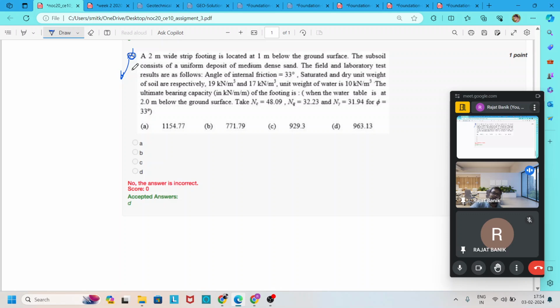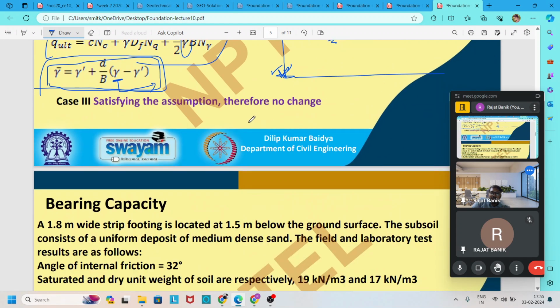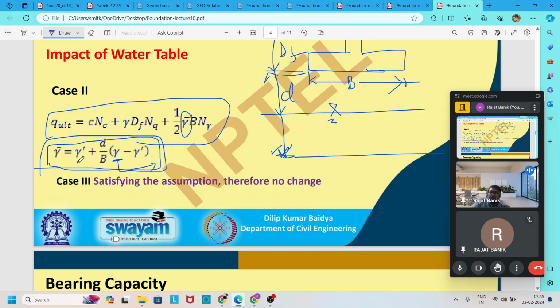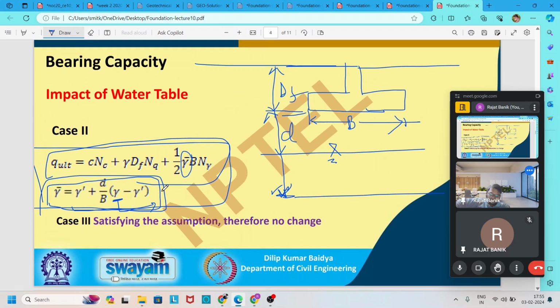For this, sir has discussed one formula in the last lecture, which is given here. We need this formula to solve this last problem of our assignment. Here we modified our gamma into gamma bar, and this is the formula we need.